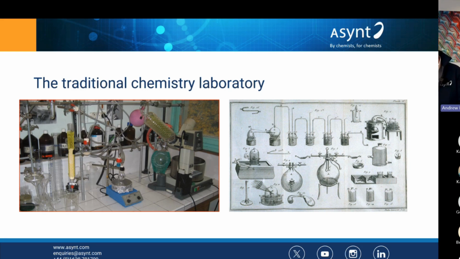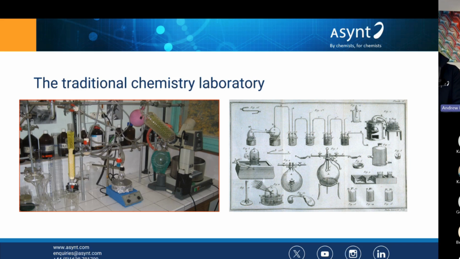Roughly, we've got fume hoods and we've got the apparatus to carry out our chemistry. But if we go back hundreds of years, the image next to this is from about 300 years ago. And you can see that all of those tools that we use to perform chemistry, those traditional tools, have been available to us for a long time.